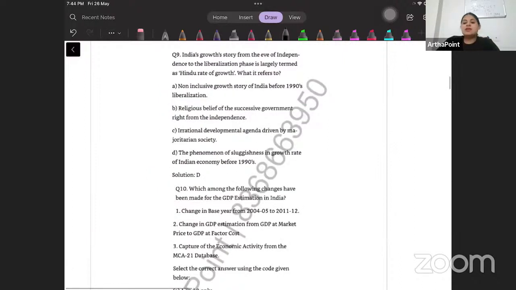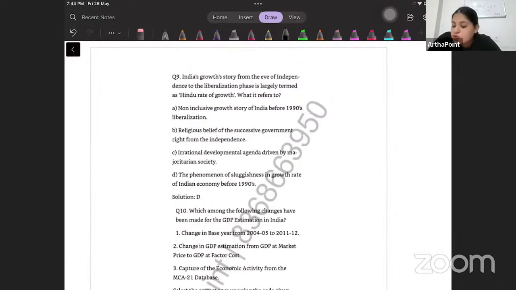Okay, let us come to the next question. India's growth story from the eve of independence to the liberalization phase is largely termed as the Hindu rate of growth. What does it refer to? Basically, it says that India was not able to grow at a very high rate. If you read my lecture on the 5-year plan, you will understand that there were multiple issues.